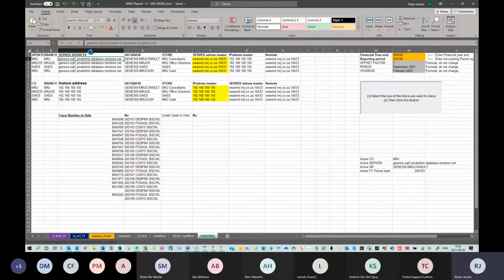I click. Our database is sitting in Azure, so there's a link to Azure, and this spreadsheet connects into Azure and refreshes the data. It takes about 30 seconds if it's that long, 10 seconds. It's busy running on tab 3. It builds all these tabs at the bottom.